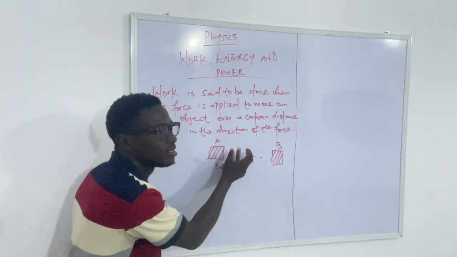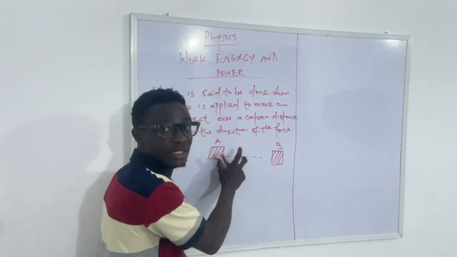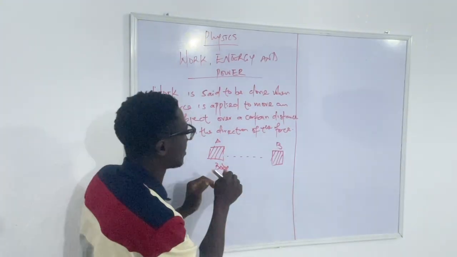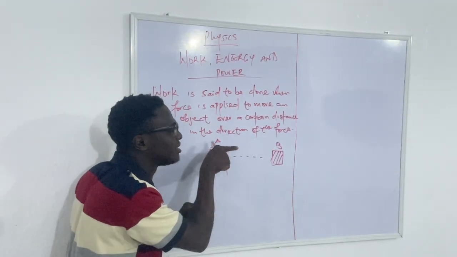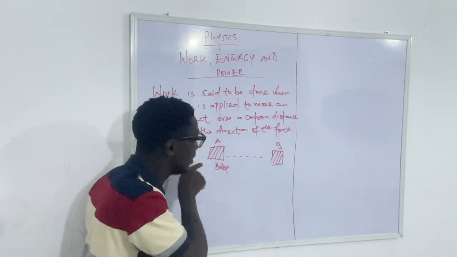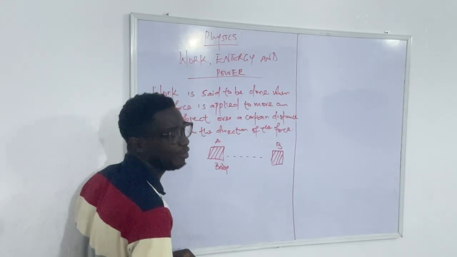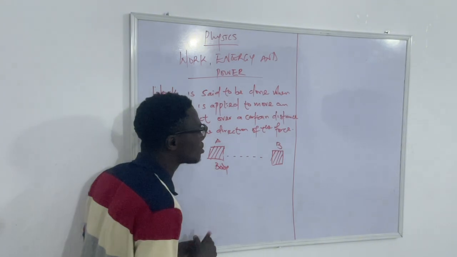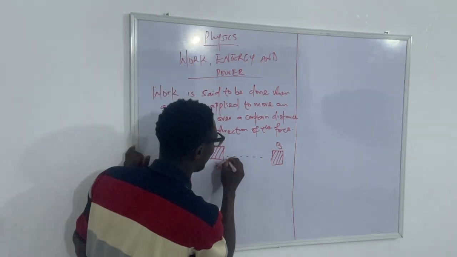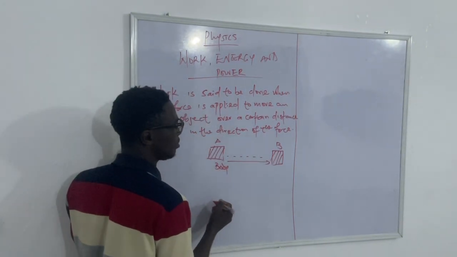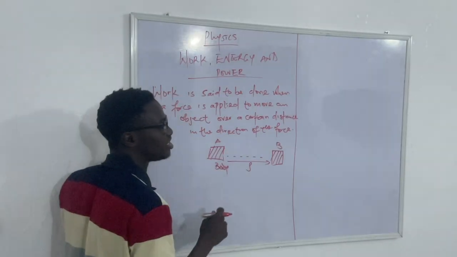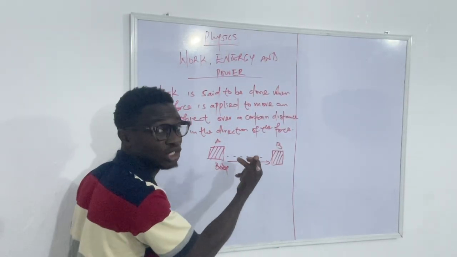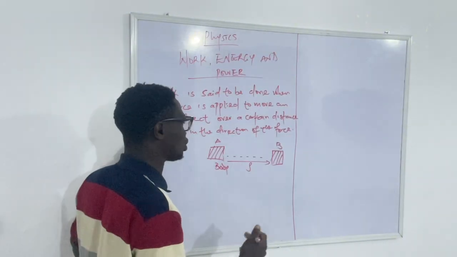At this point, work is said to be done because a force is applied to push the object, and the object goes in the direction of the force applied. And that makes us say that force is applied, and the distance is denoted with S. I made a clear explanation of that when we were dealing with motion.